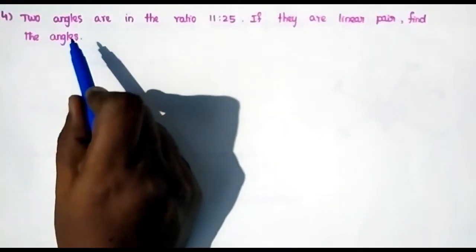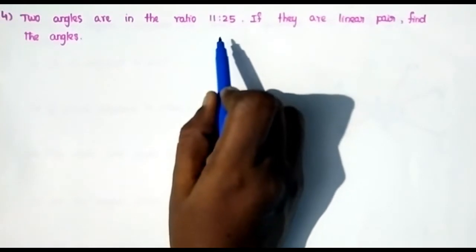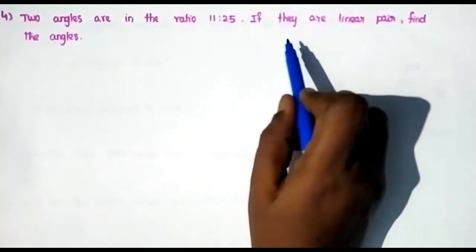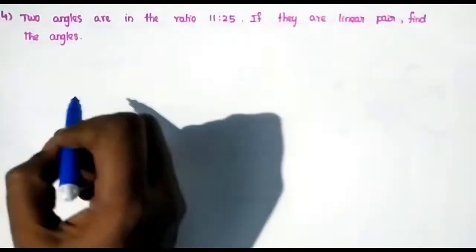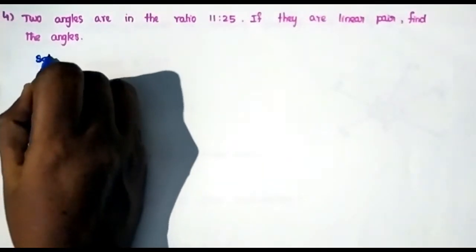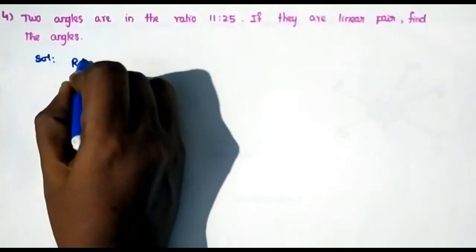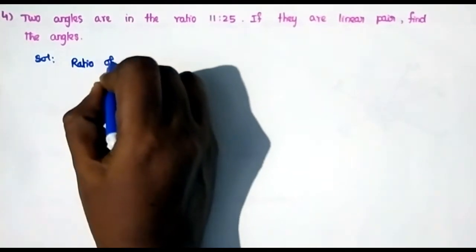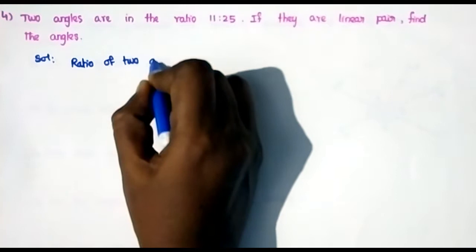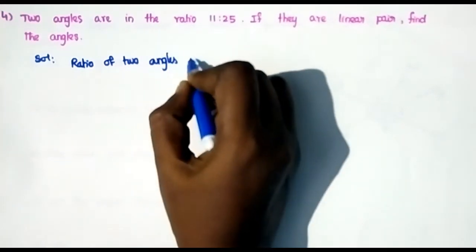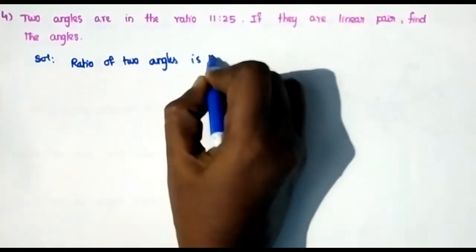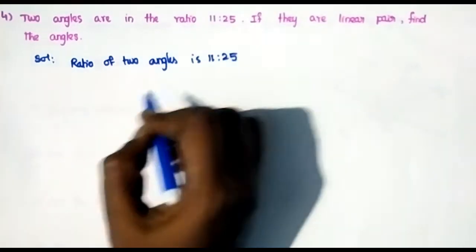Fourth sum, two angles are in the ratio 11:25. If they are linear pair, find the angles. Listen, they given the ratio. So ratio of two angles is 11:25.